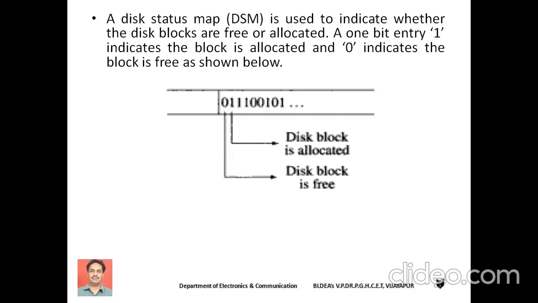And the second bit, if you look at it, is 1, which indicates that the second block is already allocated. Similarly, the third block and fourth block are already allocated, while the fifth block and sixth disk block are free to allocate. This is how the free disk block information is maintained in case of indexed allocation of disk space.